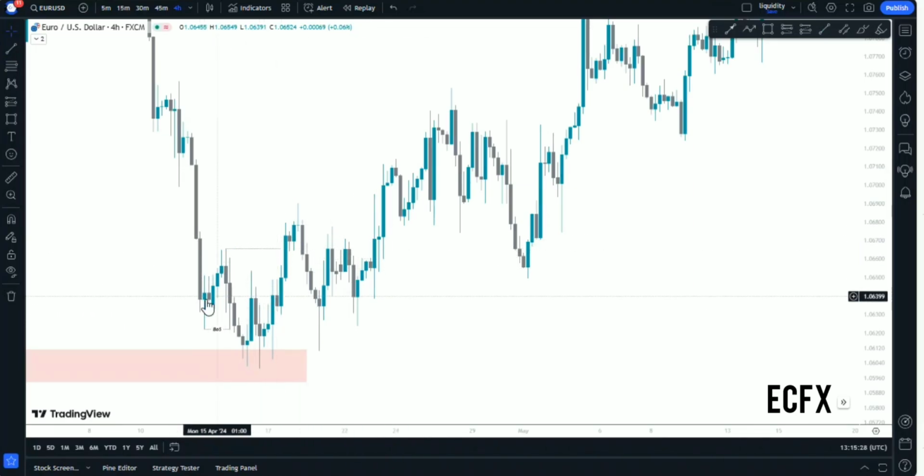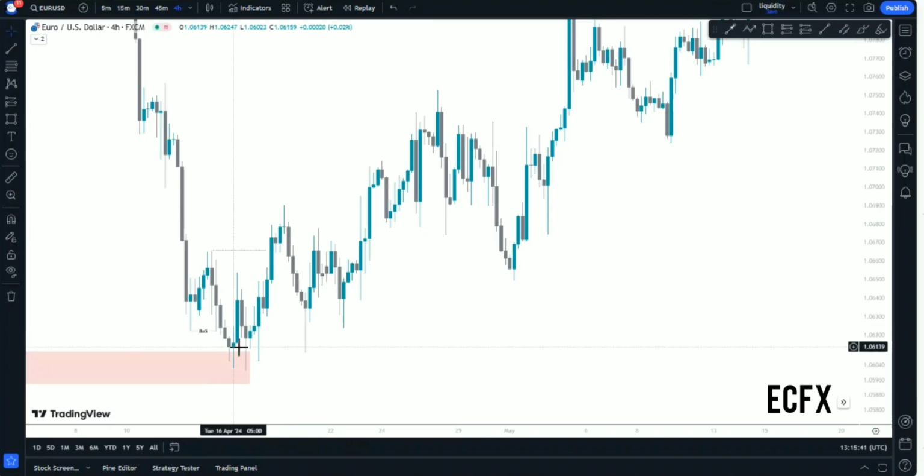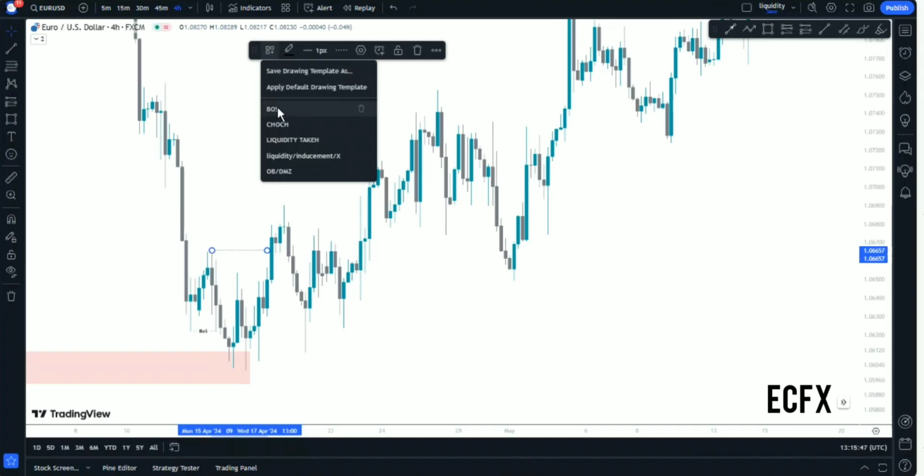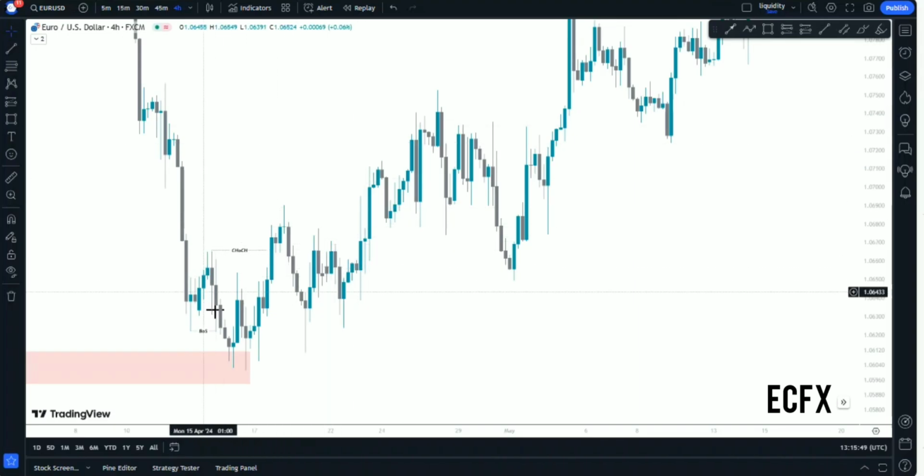So now we can see there is our low. Price took out that low, causing a break of structure. Price stepped into a higher time frame demand zone, or a point of interest, and then reverses back up, taking out the previous high, causing a change of character.